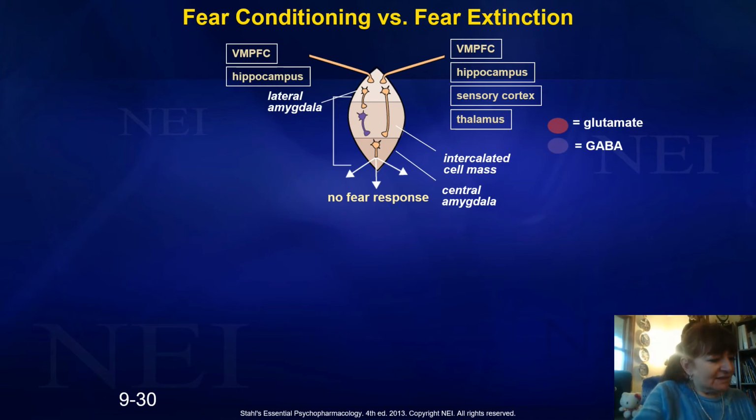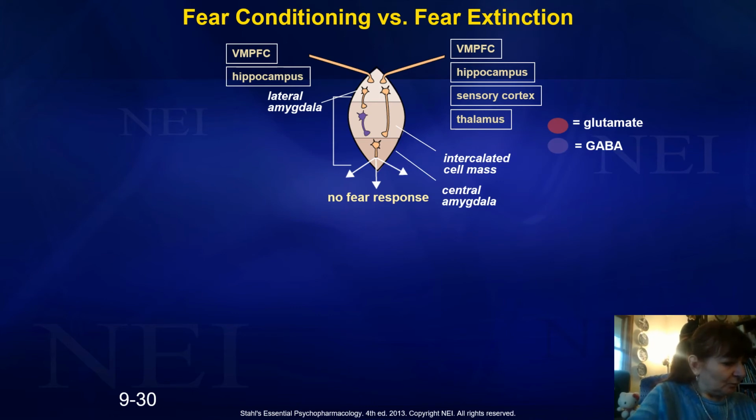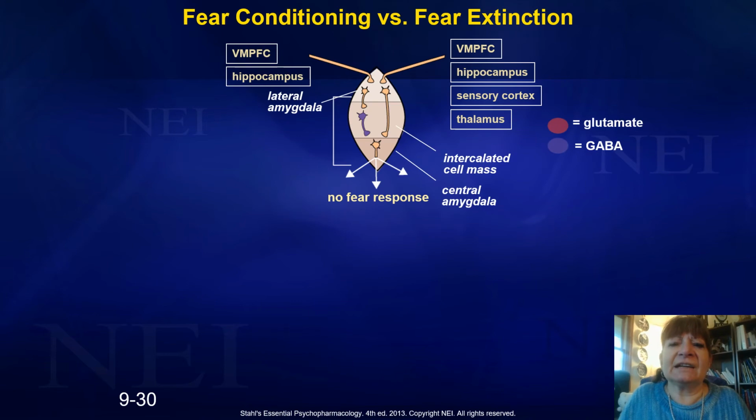Okay, so this is a funny looking slide where we're talking about fear conditioning versus fear extinction. So the more the amygdala is activated by fearful stimuli, it can be external or internal, the stronger the conditioning or the reinforcement of the fear.